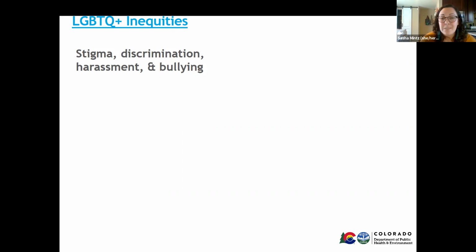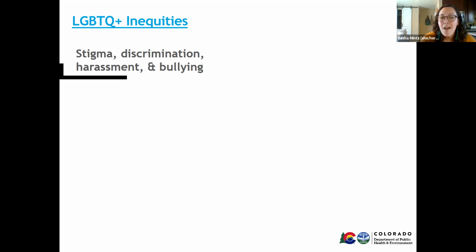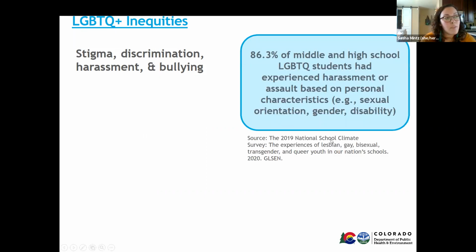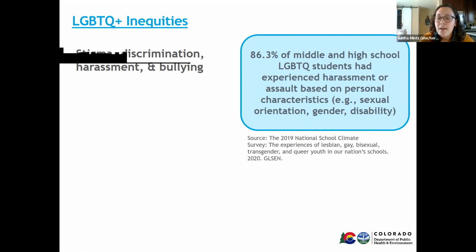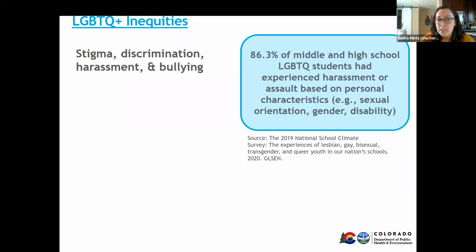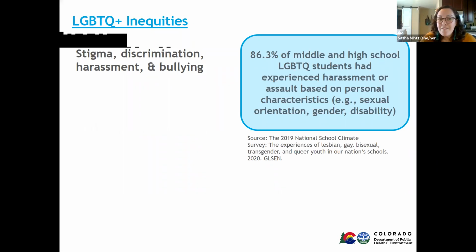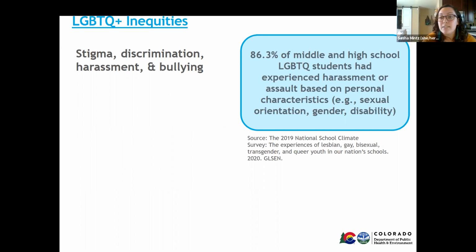Research shows that experiences of harassment related to sexual orientation and gender identity are extremely common for LGBTQ+ youth. Just a couple of weeks ago, GLSEN released their 2019 National School Climate Survey of middle and high school LGBTQ youth. The survey found that a striking 86.3% of LGBTQ students experienced some form of harassment or assault based on personal characteristics.